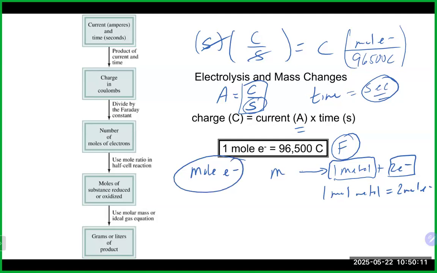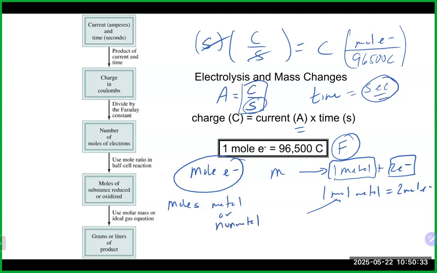You can use those moles of electrons to go to the moles of the metal. Or you could do it with the non-metal, for example in an ionic compound, using the moles of the non-metal and how many electrons you have in the balanced half reaction. That will give you moles of either a metal or a non-metal.